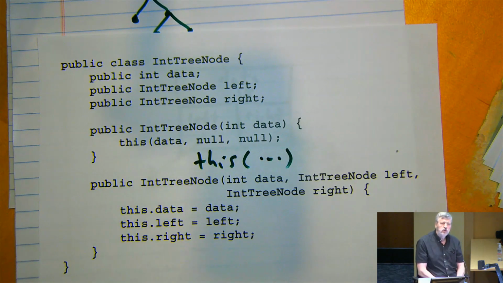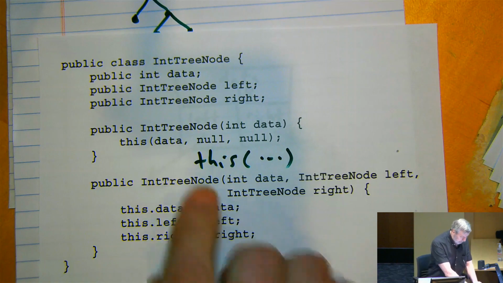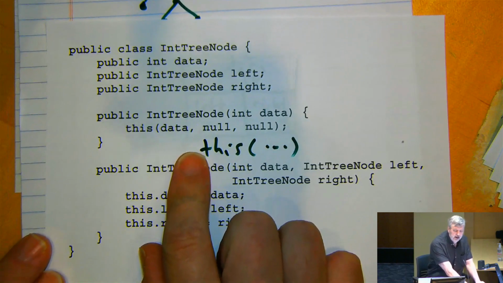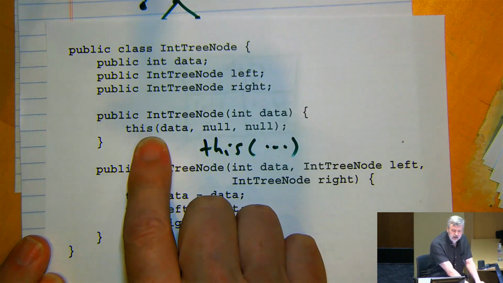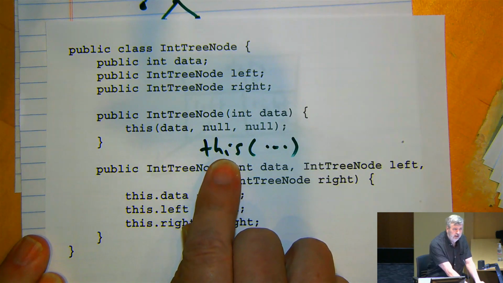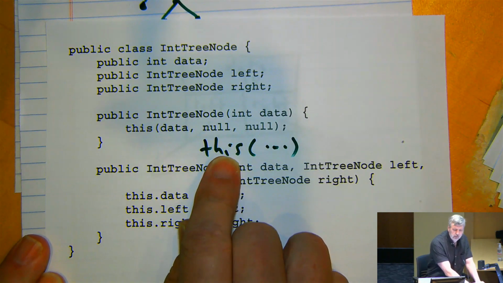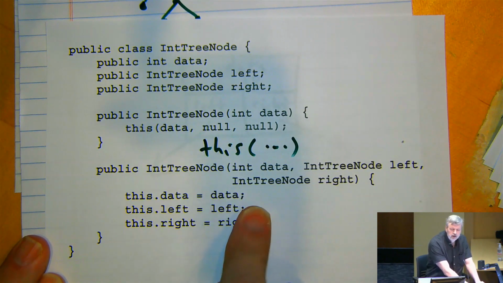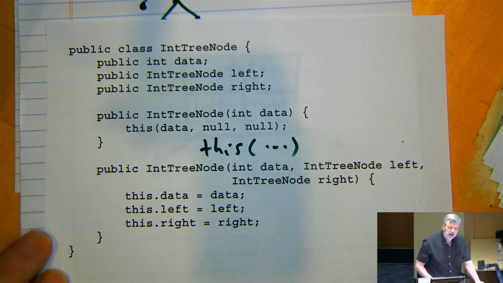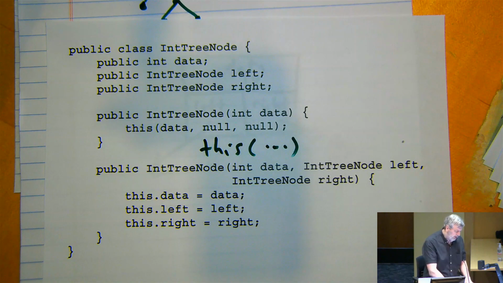And we expect you to use that approach for your homework 7 and 8. So that's a style issue you're going to want to be paying attention to: for your node classes, you want to be using the this notation as a way of eliminating redundancy, so that we basically have just the one real constructor that everything ends up calling one way or another. So that's what our nodes are going to look like.